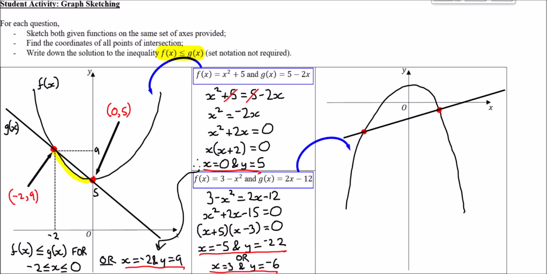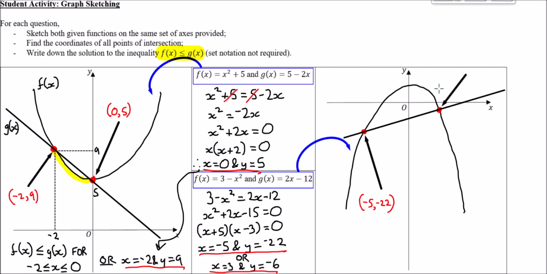So let's label it all on. So that one's minus 5 and minus 22. And the other coordinates we can label on, that one over here is just going to be, oh, what is it now? I'm forgetting what it is.